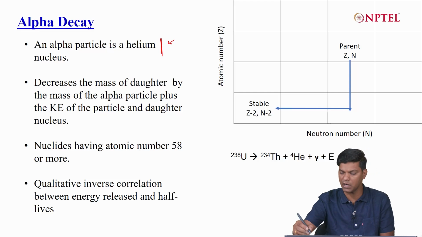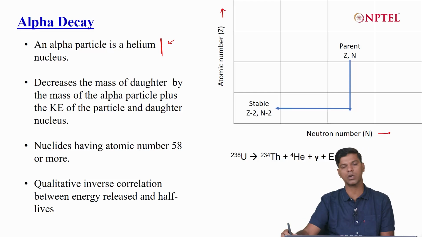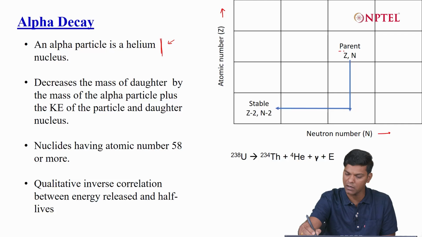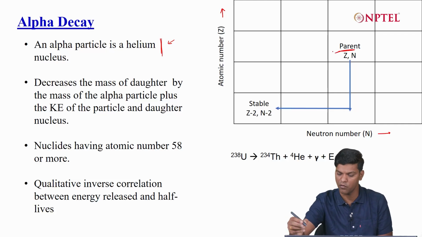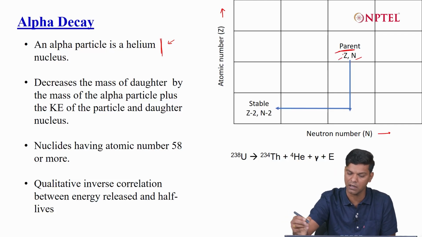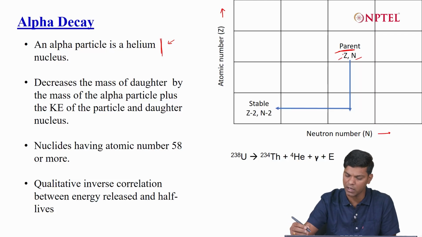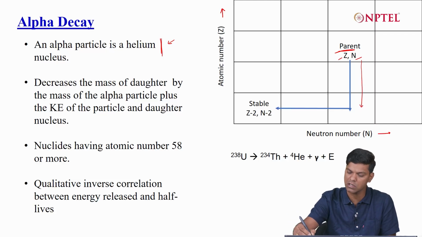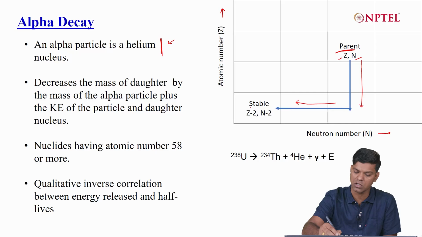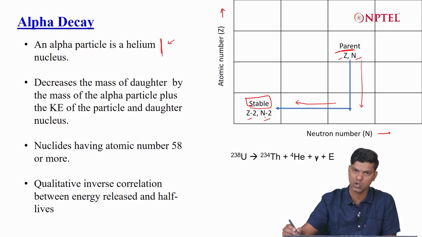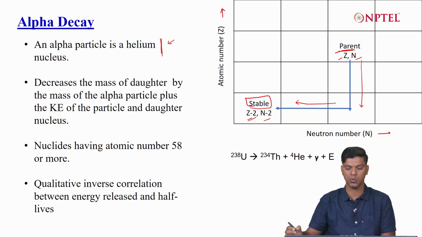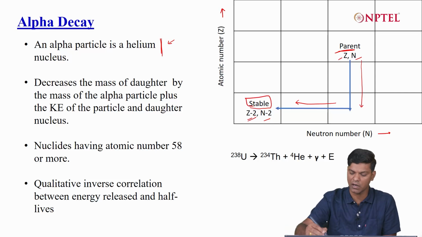Because it is helium, if you see the neutron and proton number, if you have an unstable parent with a neutron number of n and atomic number of z, and there is a decay of an alpha particle, 2 neutrons are lost, 2 protons are lost. So, it will reach a daughter which will have n minus 2 neutrons, z minus 2 protons. So, effectively there will be a loss of 2 He4.